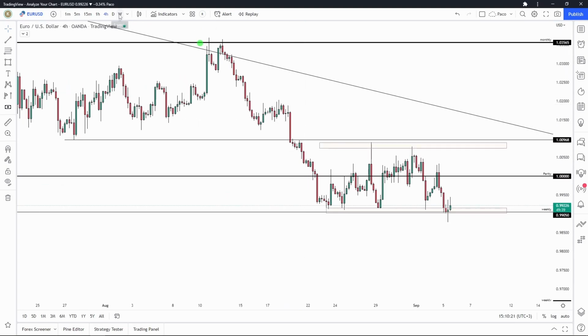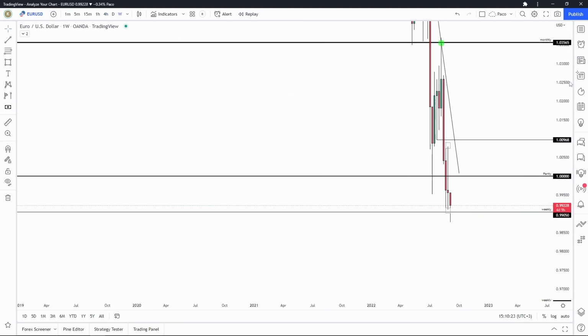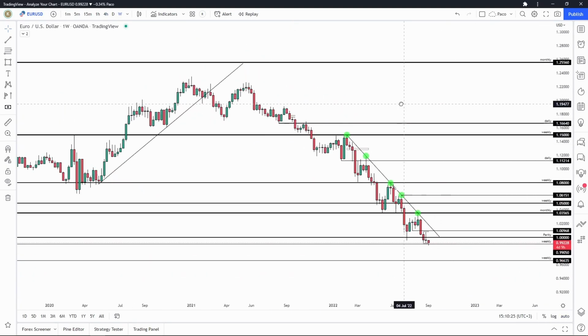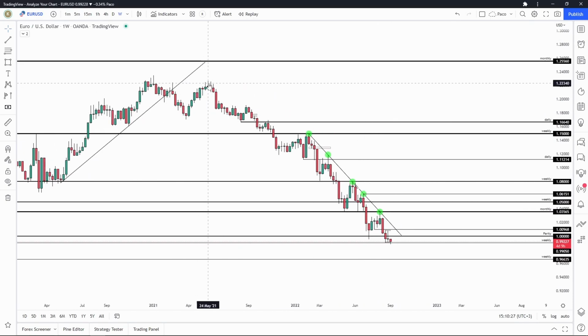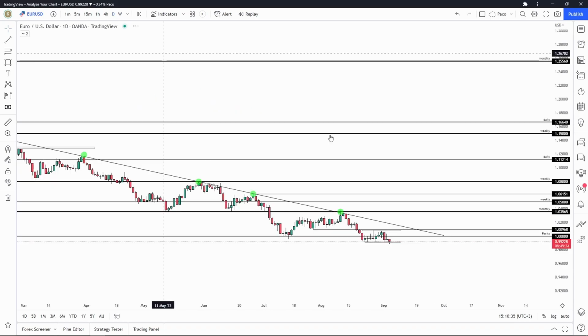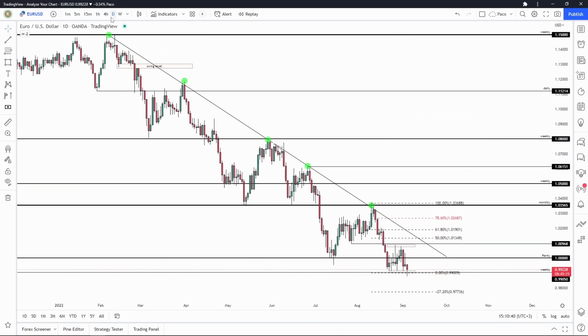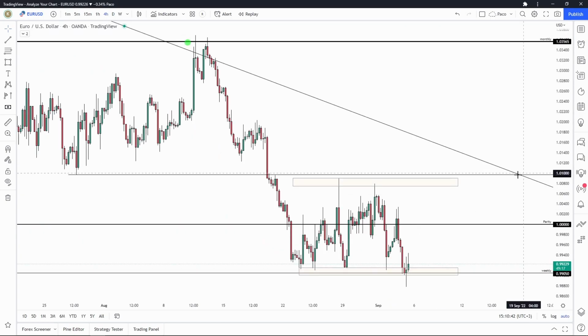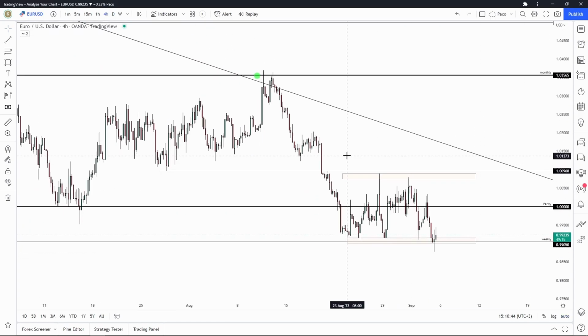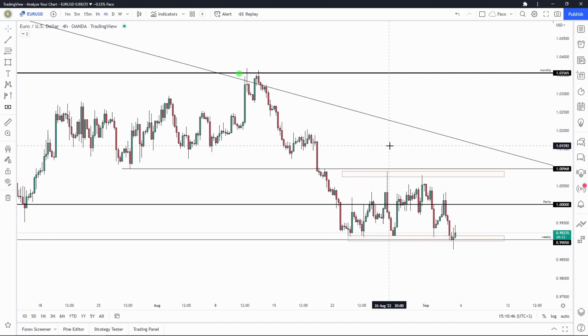First, let me go through the weekly time frame. You can see that the price is going down for a very long time, probably a year and a half. And on lower time frames, on the 4-hour time frame, there is the possibility to see the Wyckoff pattern, the Wyckoff waves.